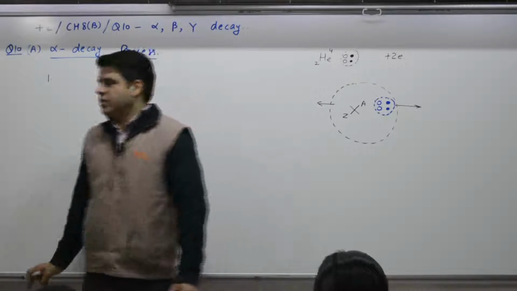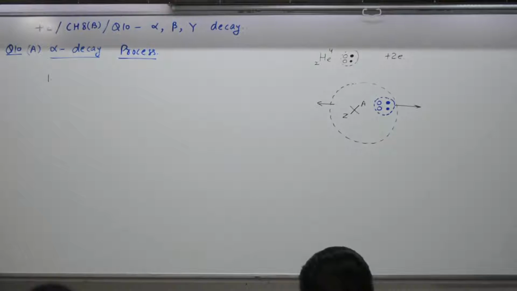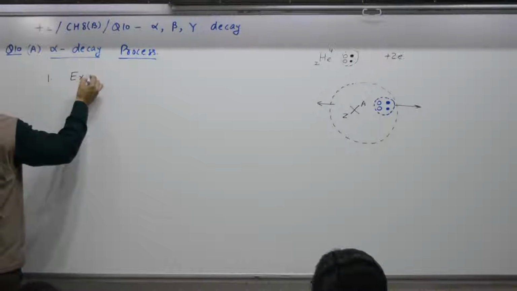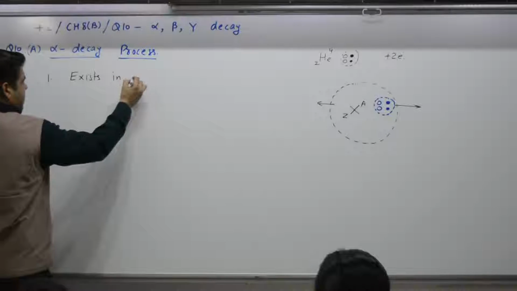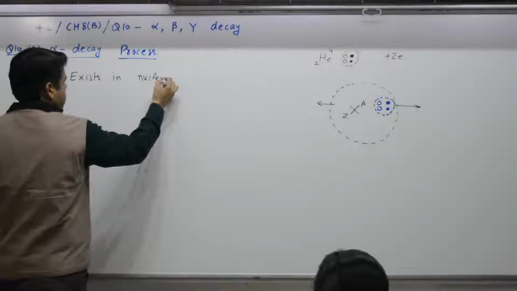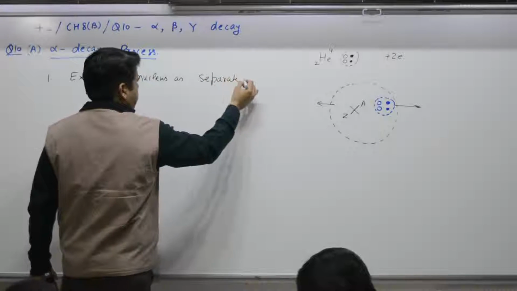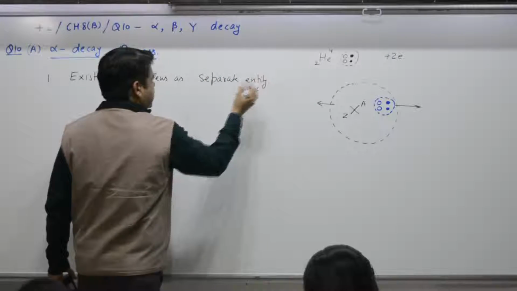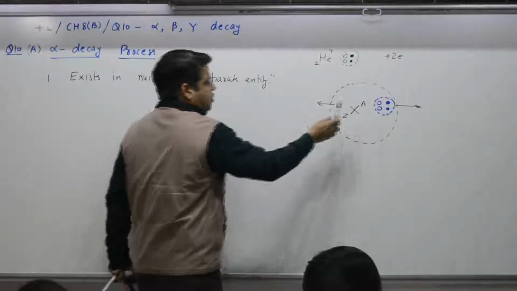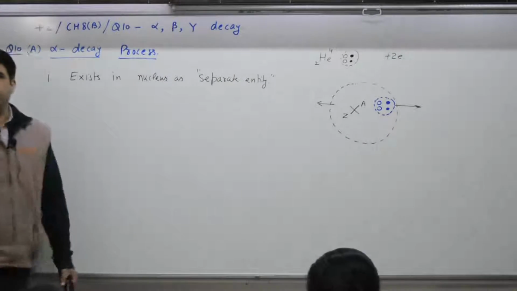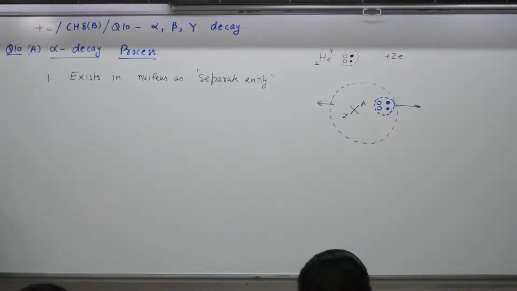Point number one: the alpha particle exists in the nucleus as a separate entity, means as a group. 2 protons, 2 neutrons, this is one group, they stay as one group. Point number 2: the alpha particle moves inside, at what speed?